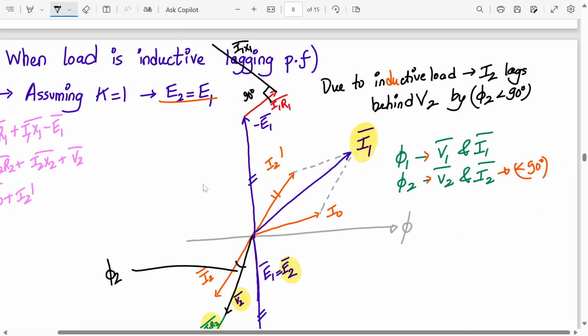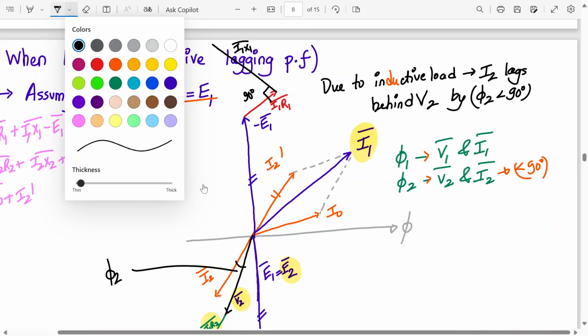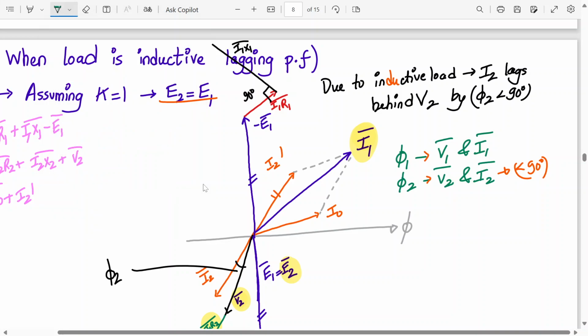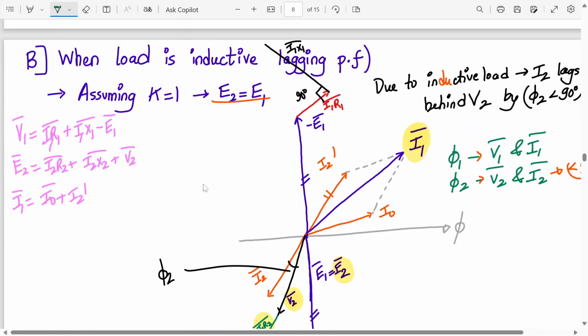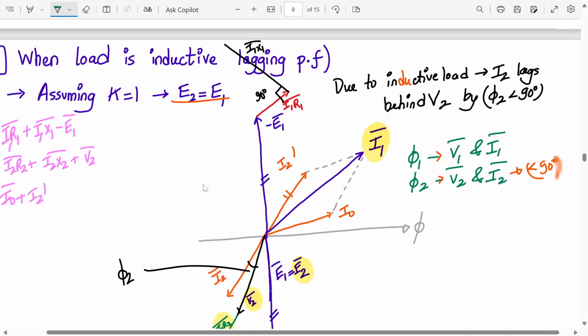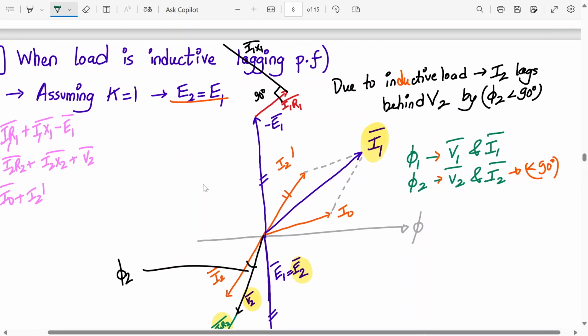So where is my V1 now? Will be here, from here to here. Okay? This is I1 X1.